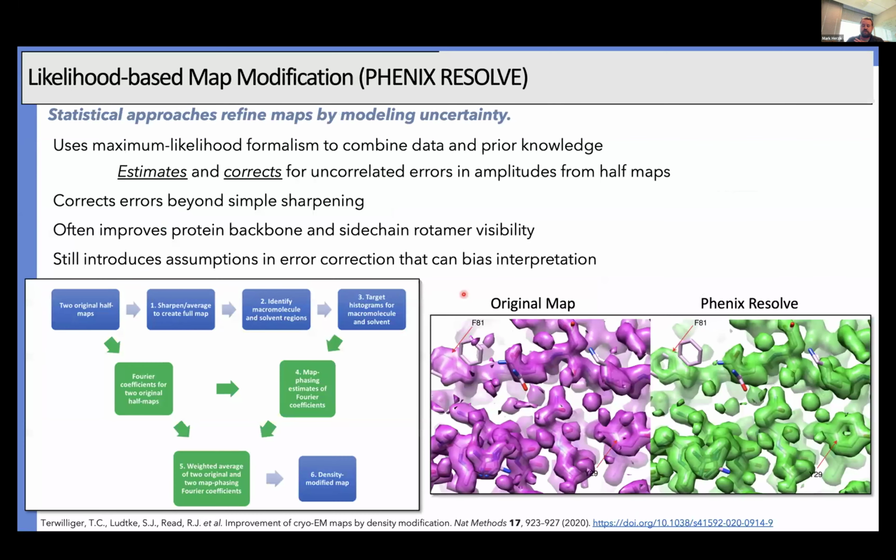So one of the first approaches we took beyond just global sharpening or local sharpening is through the Phoenix group. It's called Phoenix Resolve, and its idea is grounded in X-ray crystallography with the idea of density modification. What Phoenix Resolve does is it uses statistical approaches to calculate and model uncertainty in the cryo-EM data.